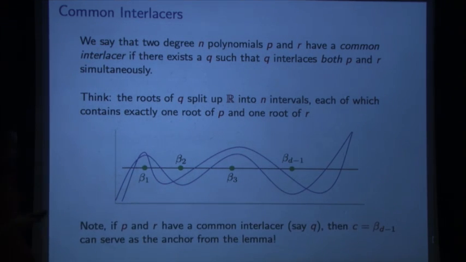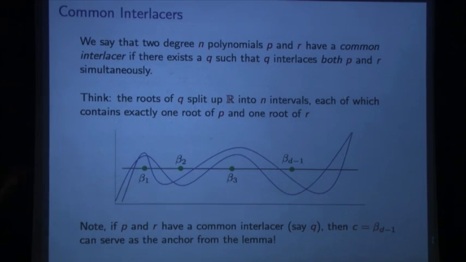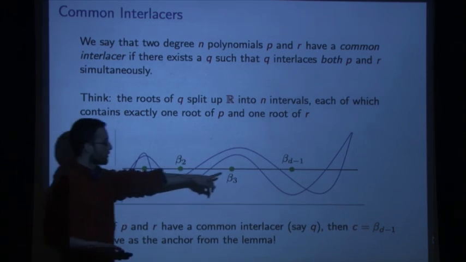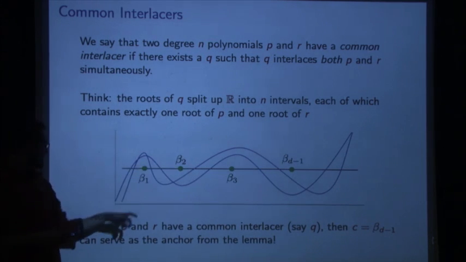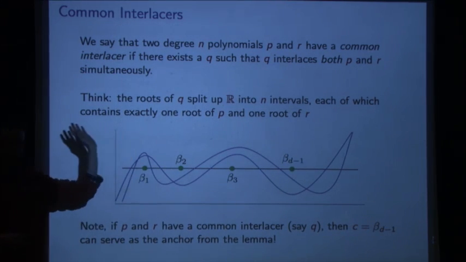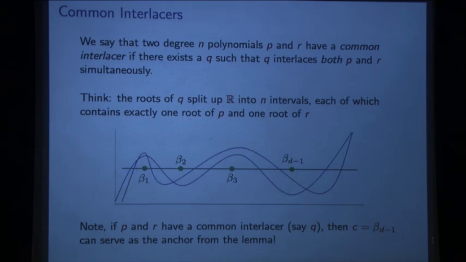And the punchline here is that if p and r have a common interlacer, say q, then q provides us the anchor that we need, right? The largest root of q is going to be such that both p and r have exactly one root which is larger than c. And so this will allow us to use the lemma. Is that clear?